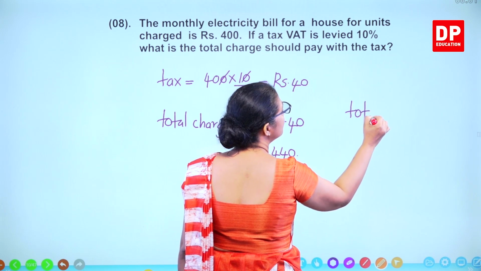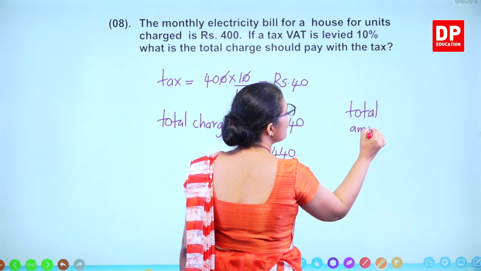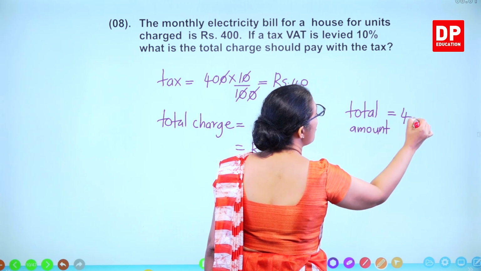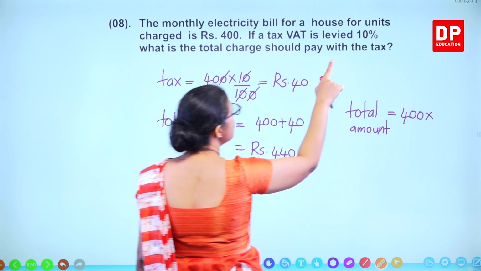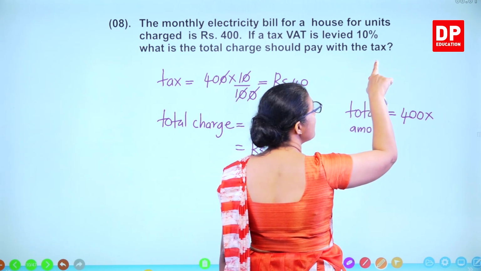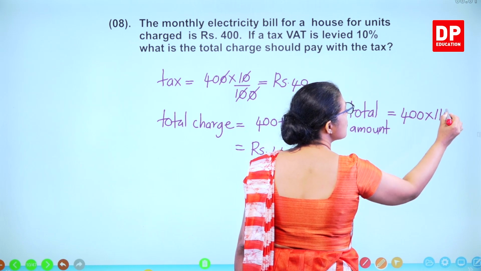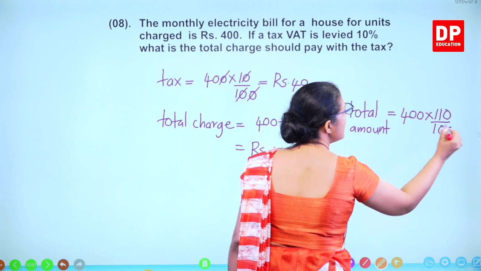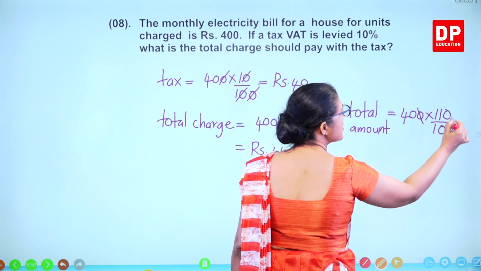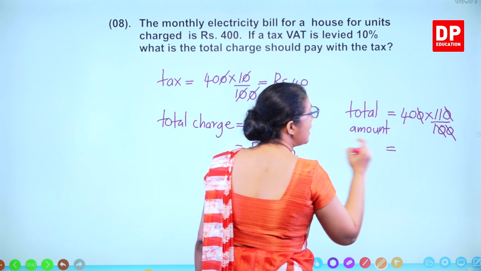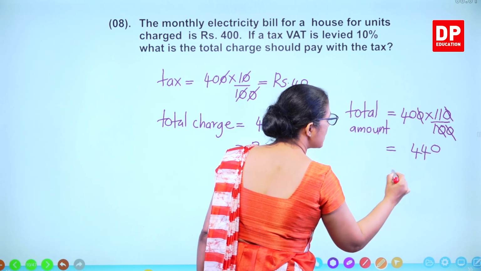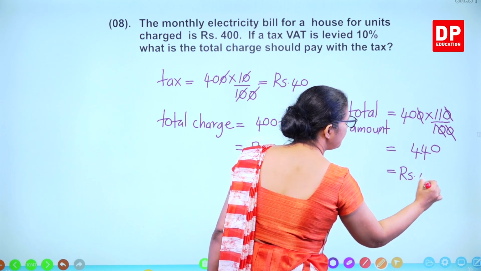The amount is 400 and this is 10%. You have to increase. So 100 becomes 110. So 110 over 100. When you multiply, you get the same answer. The zeros get cancelled out. 11 times 40, 440 rupees.